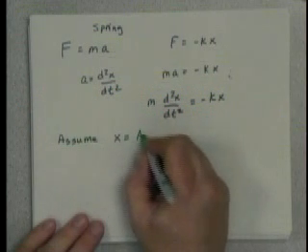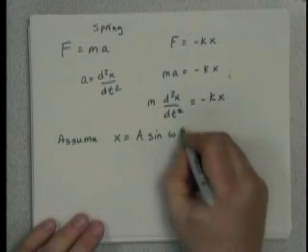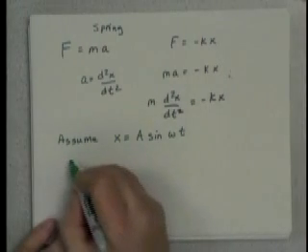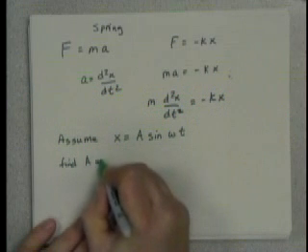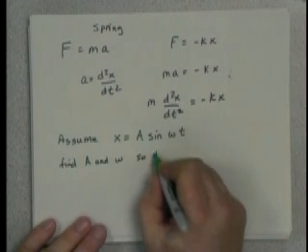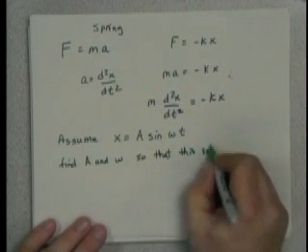So I'll just call it a sine of wt. Now we want to find a and w so that this solves our differential equation.